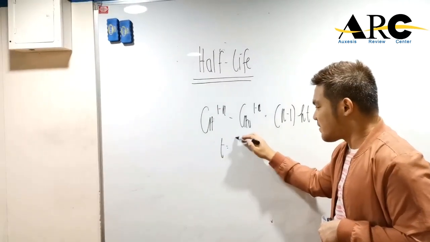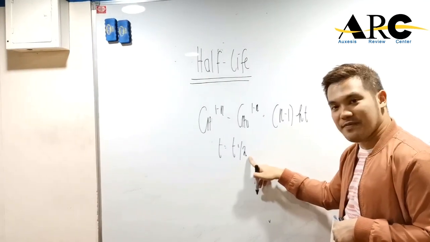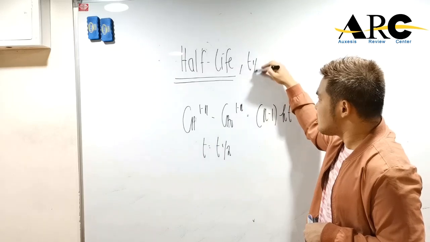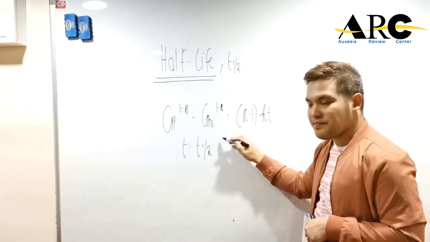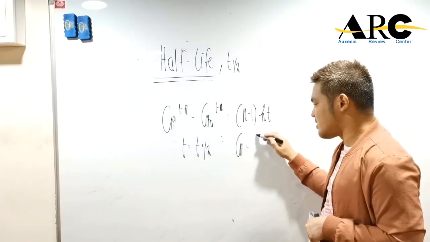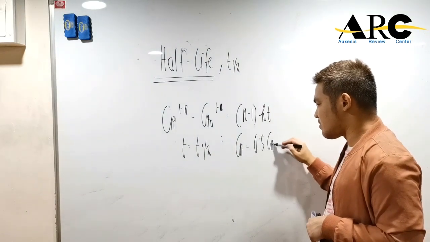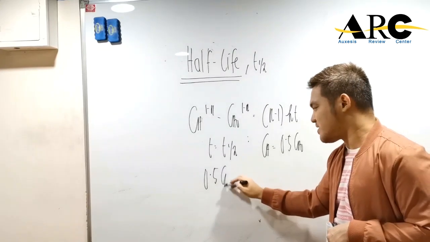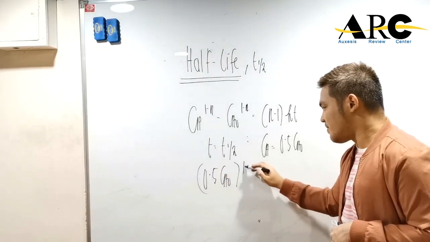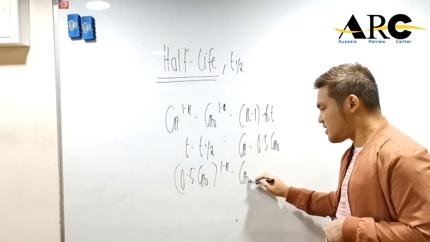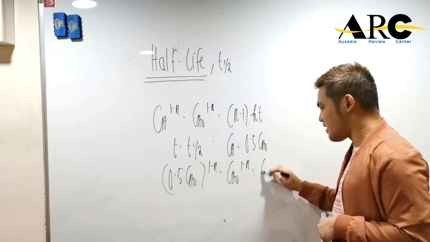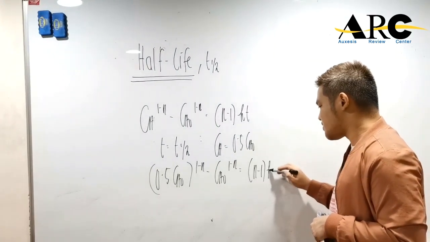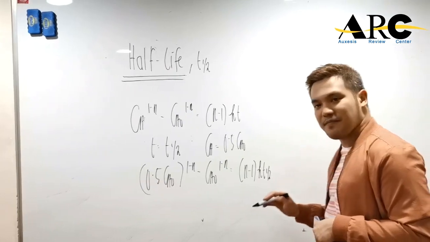We said that if time is equal to half-life, t1/2 is the half-life, then our CA is 0.5 CA0. So substitute: 0.5 CA0 raised to 1 minus n minus CA0 raised to 1 minus n equals n minus 1 times k times half-life.